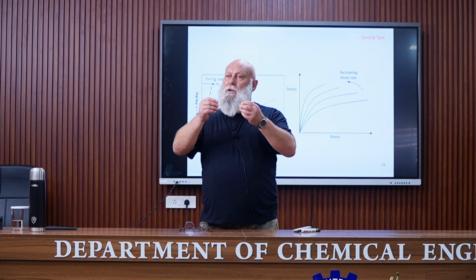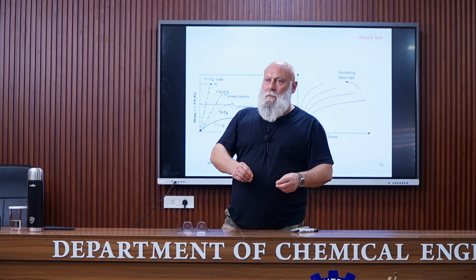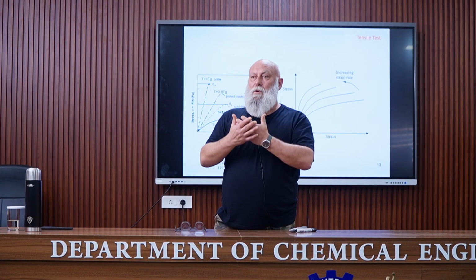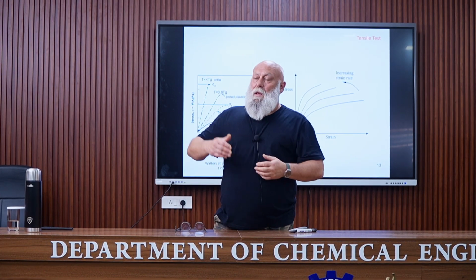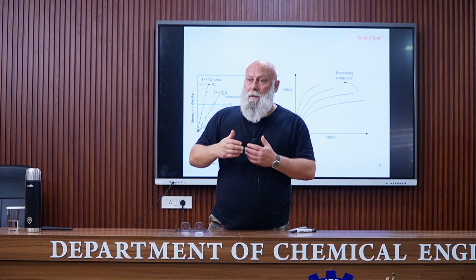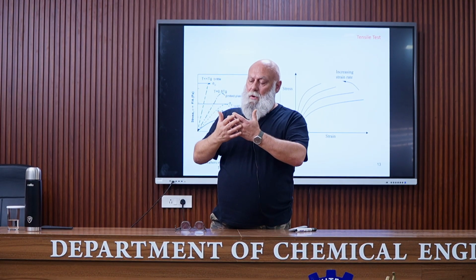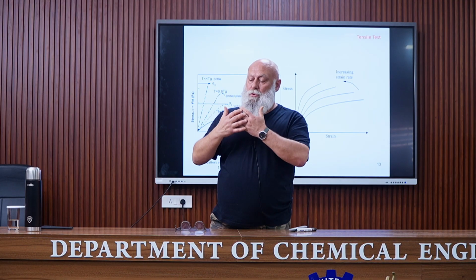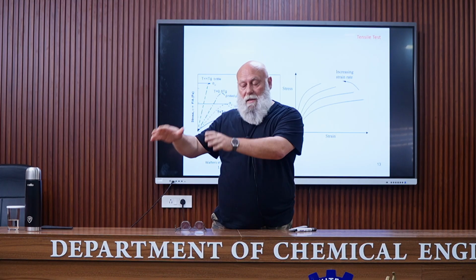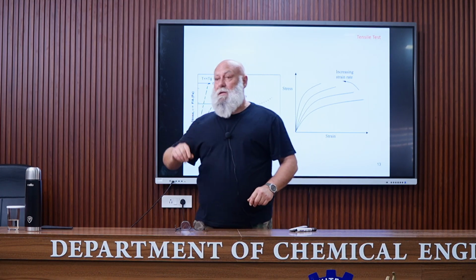If the relaxation time is low, it means that the macromolecule can easily move. If the relaxation time is high, the macromolecules need time to move and to adapt to the stress which is applied. This is the time which is characteristic of the sample.